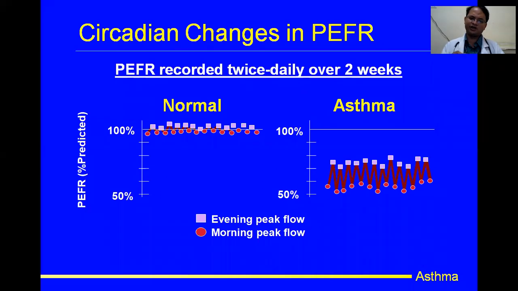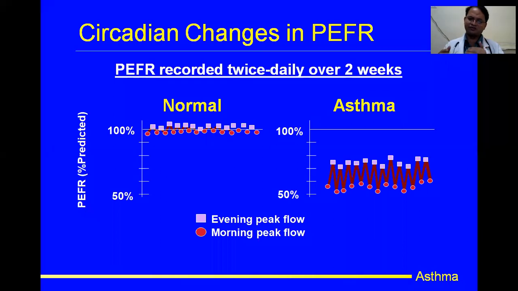Here, the patient keeps the mouthpiece of the peak flow meter in the mouth, tightly closes it, then forcefully exhales into the peak flow meter, thrice. When it's done thrice, the highest reading is recorded, once in the early morning and second time at night.